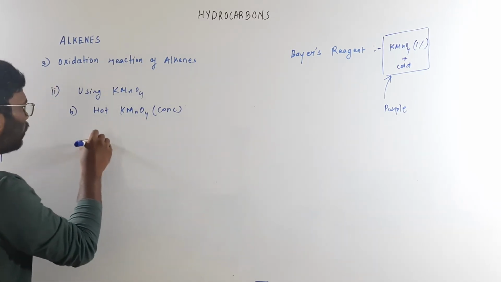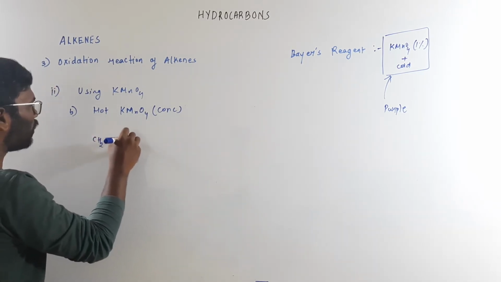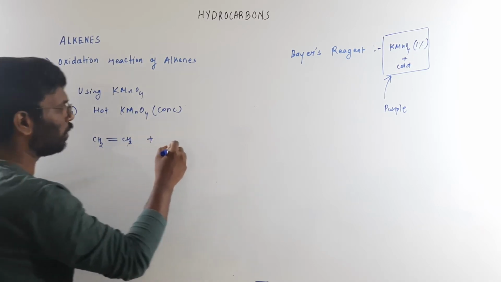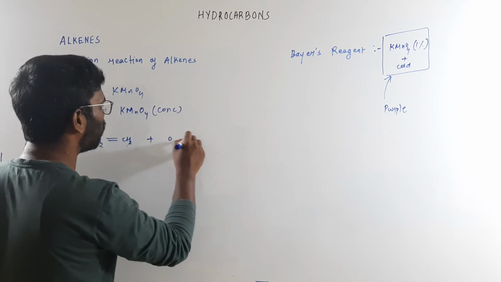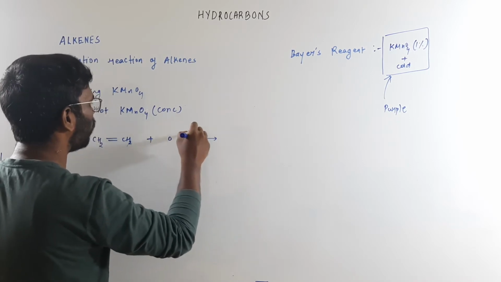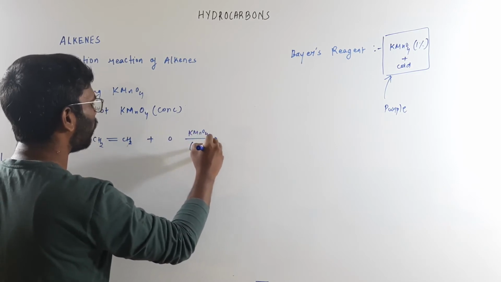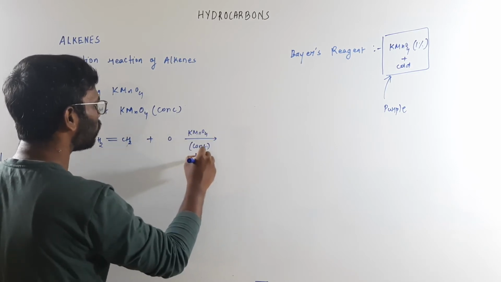Like this is the alkene, the simplest alkene which I am taking, CH2=CH2, and it is oxidation. Oxidation is done in the presence of KMnO4, and this is concentrated one. Okay, the condition is this is hot.